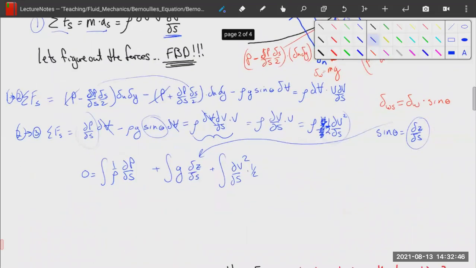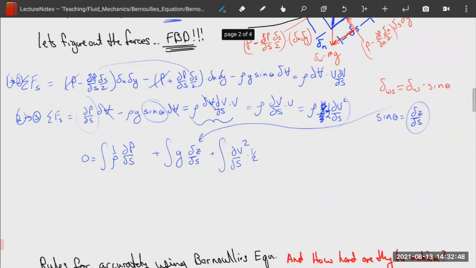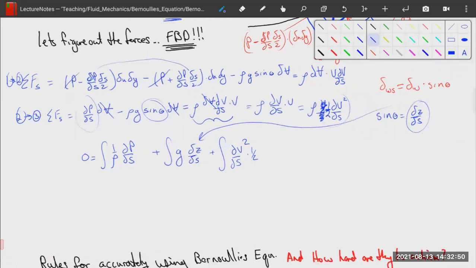Awesome. So if we do these integrals, everything is fine because g is normally a constant, so this integral is easy. Rho isn't usually a constant, but if we explicitly assume rho is equal to a constant, then we can integrate this, and if we do an indefinite integral each time, we get the following.